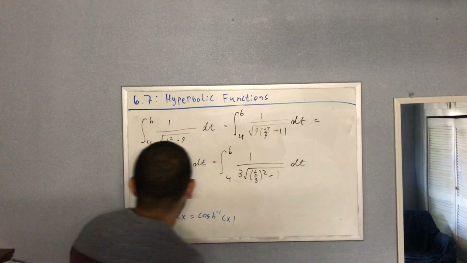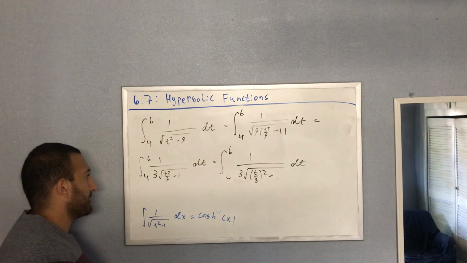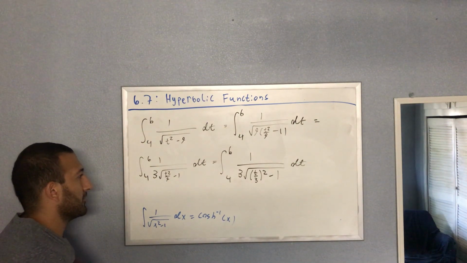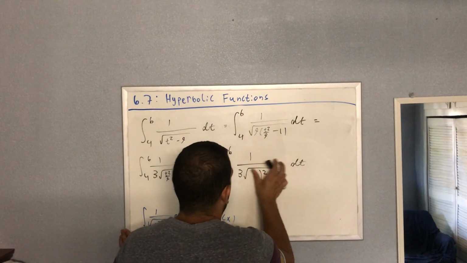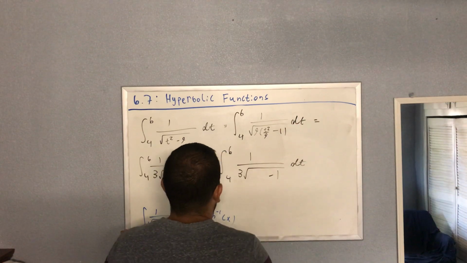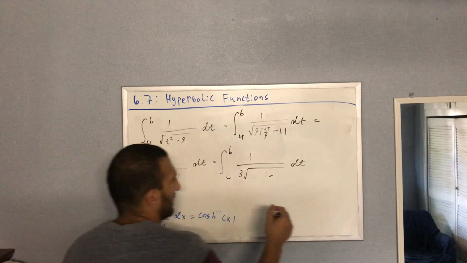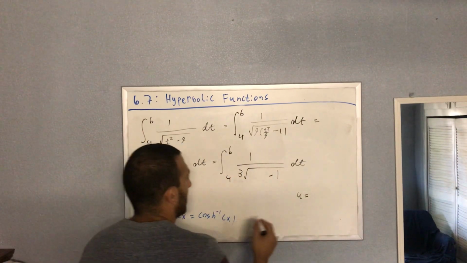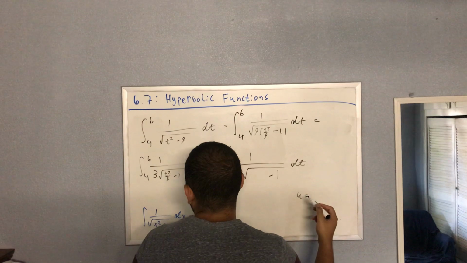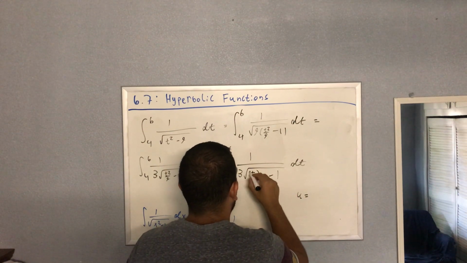The way we formally want to deal with this is to use u substitution. You're going to let u be equal to t divided by 3, because this is t over 3 squared.